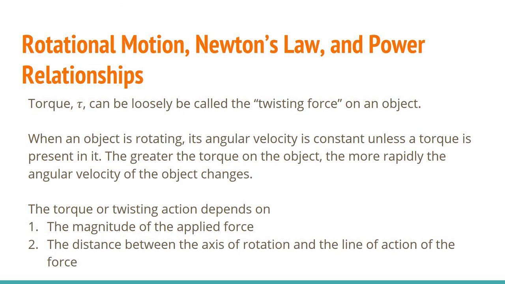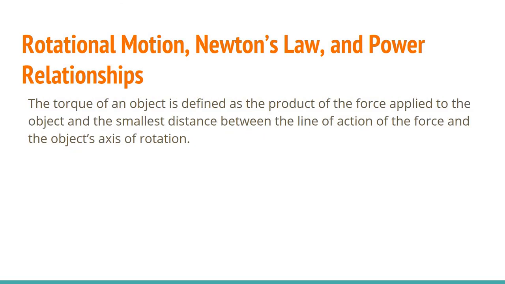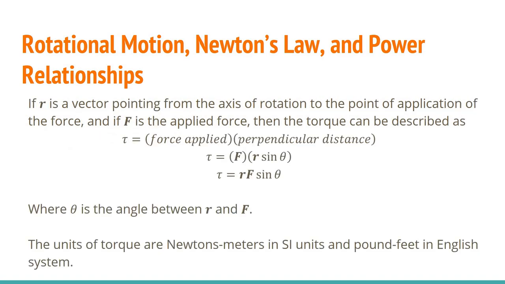Okay, next. The torque of an object is defined as the product of the force applied to the object and the smallest distance between the line of action of the force and the object's axis of rotation. Okay, so mao na akong gi-discuss ganina sa example.